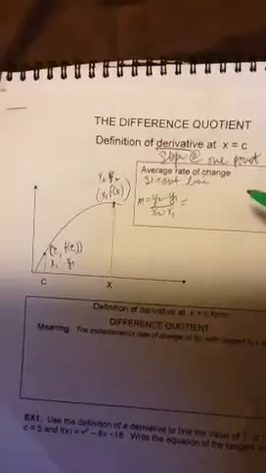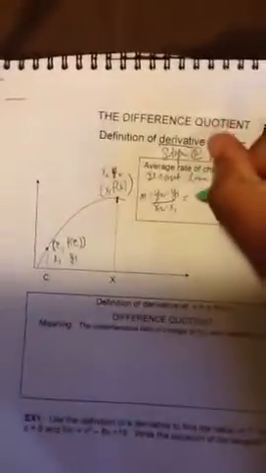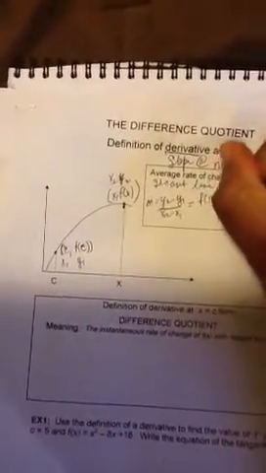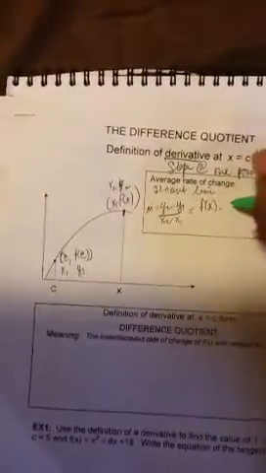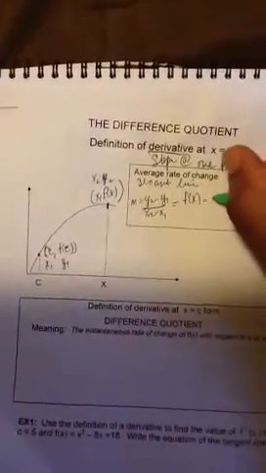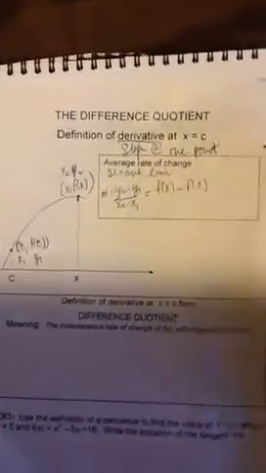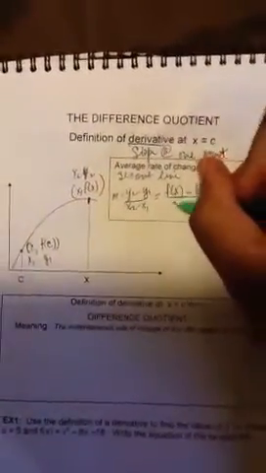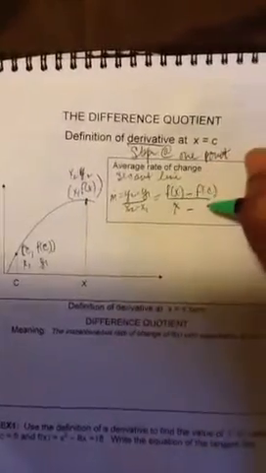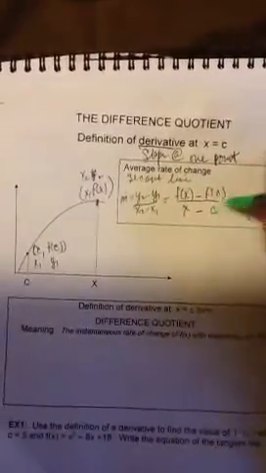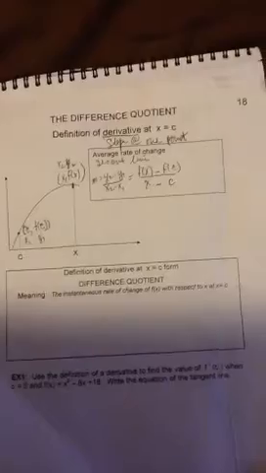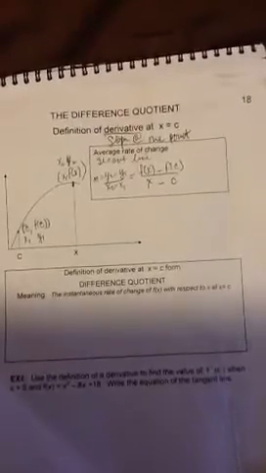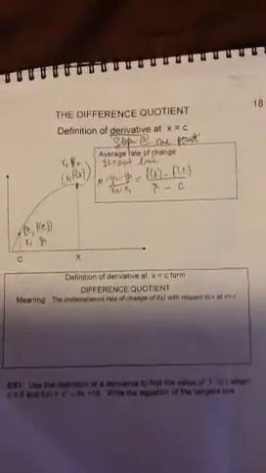So if that's the case, then y sub 2 is f of x minus y sub 1, which is f of c, and that's all over x sub 2, which is just x, minus x sub 1, which is c. So this equation essentially would help me find the slope of the secant line between those 2 points.